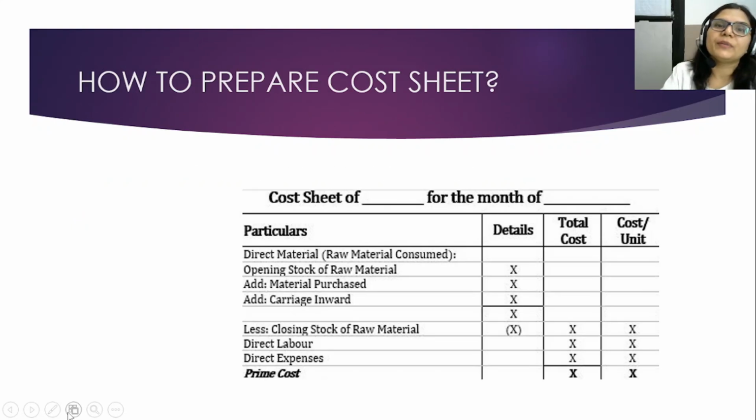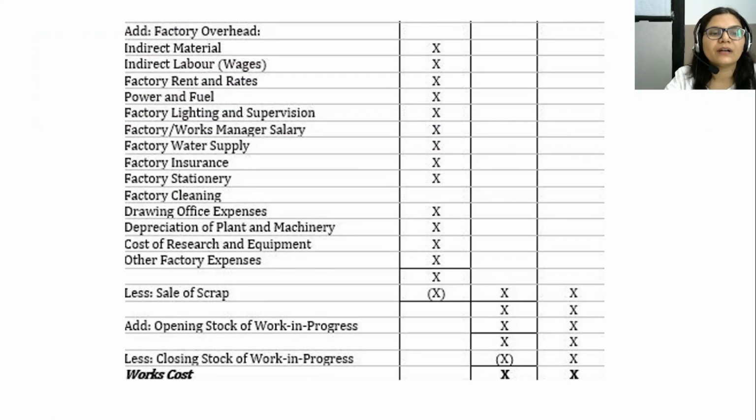We discussed the format of a cost sheet, which is again presented with the help of a specific format, columns and rows. Format can be followed as per the convenience of the accountant, but the format which we have discussed over here is particulars, details, total cost and cost per unit, in which I have shown where you have to calculate the prime cost, and the value of sale of scrap and opening stock of work in progress and closing stock of work in progress need to be adjusted.